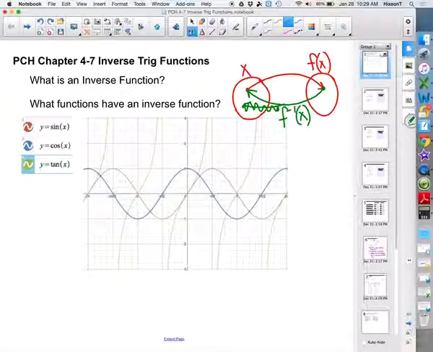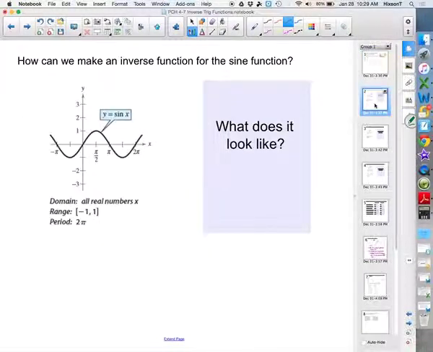All right. So let's start out with sine. Okay? How could we limit the domain of sine so that it will pass the horizontal line test?